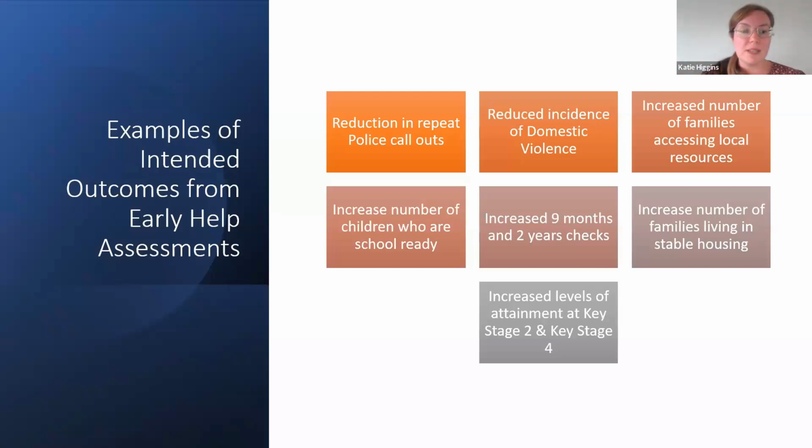And that early help assessment really helps to identify that if a child does have some additional needs or the family is in need of support, getting that early intervention in sooner, so those children are more school ready.